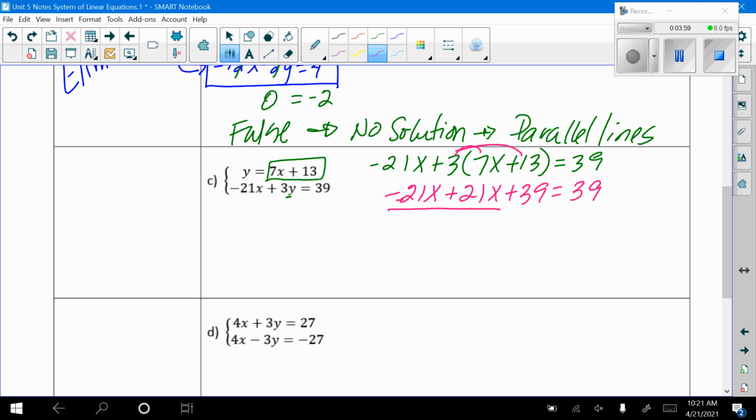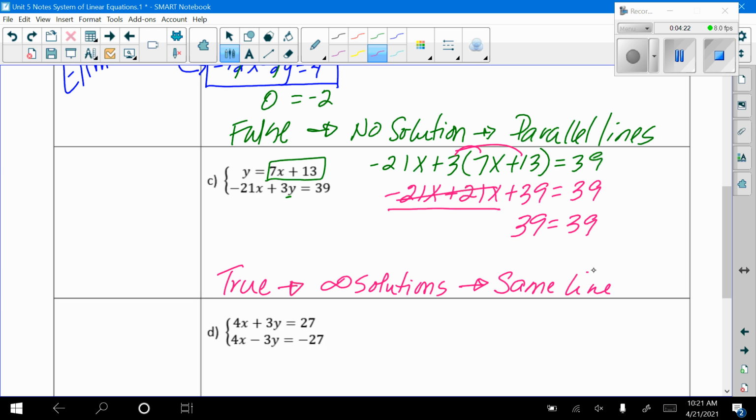These guys cancel, so I'm left with 39 equals 39. No variables. This is true, so it's a true statement. No variables, so therefore it's true, which means infinitely many solutions, because they are the same line. If I rearrange these, they would have the same slope and the same y-intercept.